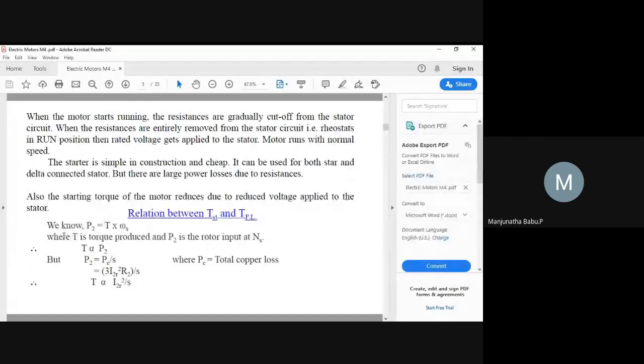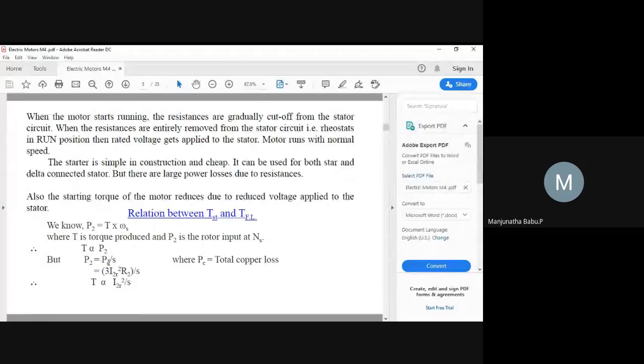Let us consider the power, which is the product of torque and angular velocity. The torque produced and the power in the rotor circuit at synchronous speed, so torque is directly proportional to the power. P2 is equal to Pc by s, where Pc is the copper loss.